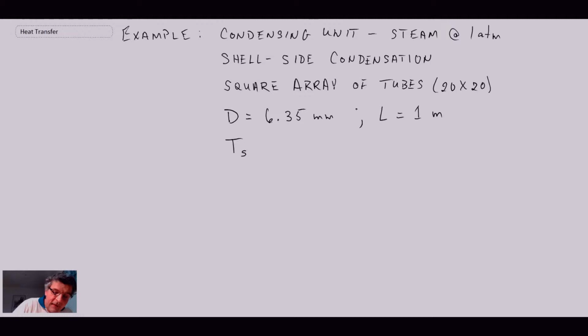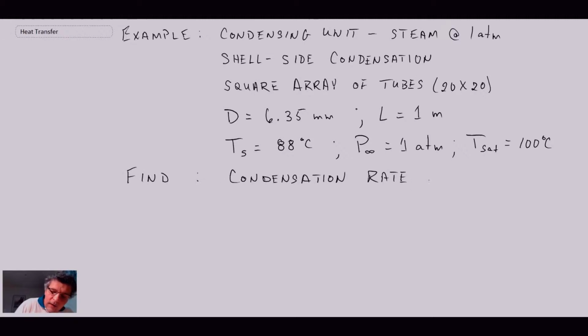The surface temperature of the tubes is maintained at 88 degrees C. Given that we're dealing with atmospheric pressure, the saturation temperature of the steam is 100 degrees C. What we're told to find is the condensation rate, m dot, in kilograms per hour.